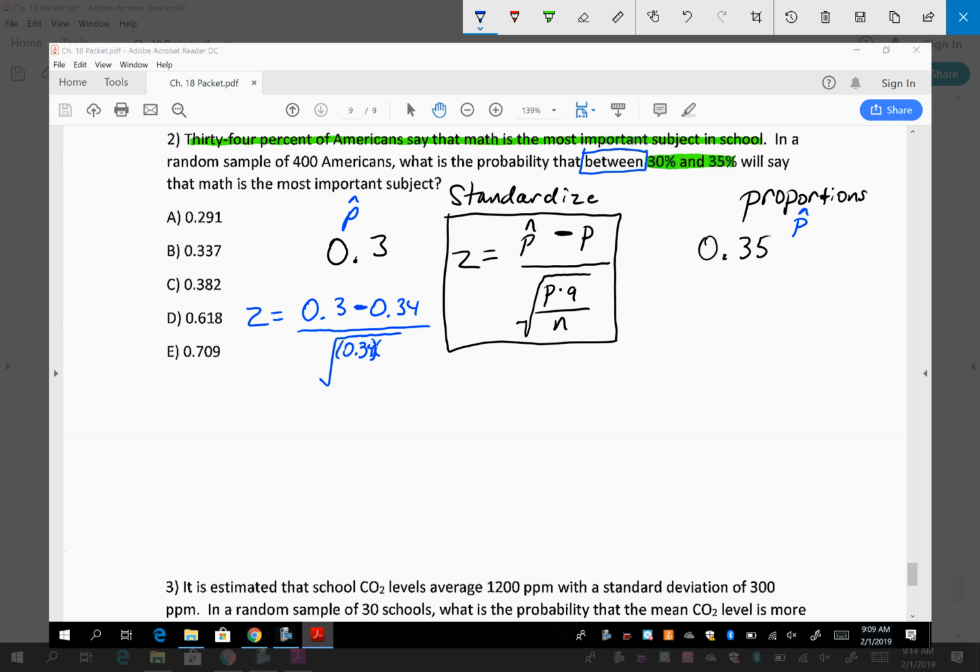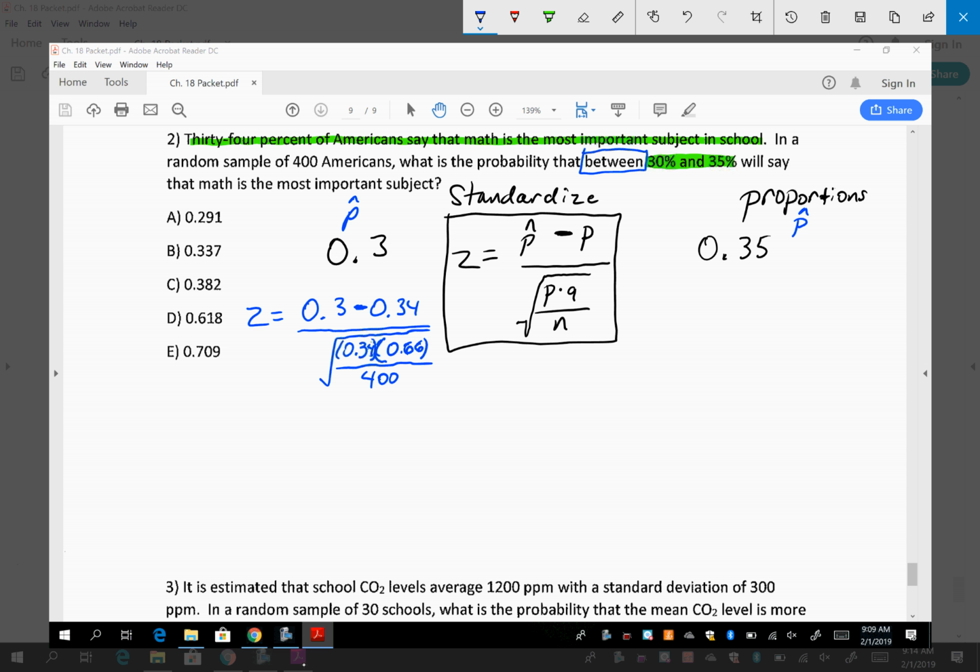That's 0.34, sorry. And then what's Q going to be? What's 1 minus 0.34? 0.66. Over 400, which is the sample size.